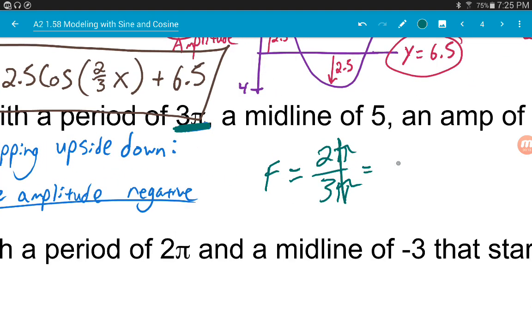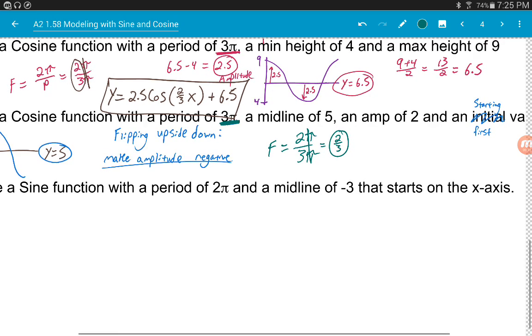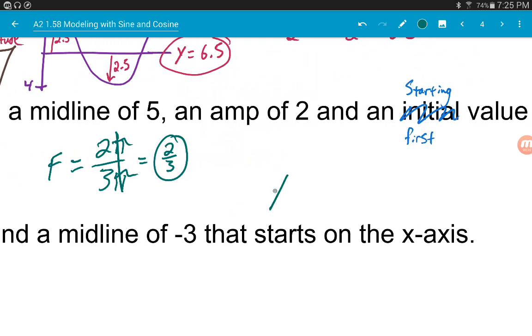Pi and pi cross out. And I get that my frequency is 2/3. Now these are all going to go into my function. And my function is going to be y equals negative 2 cosine of 2/3 x plus 5.